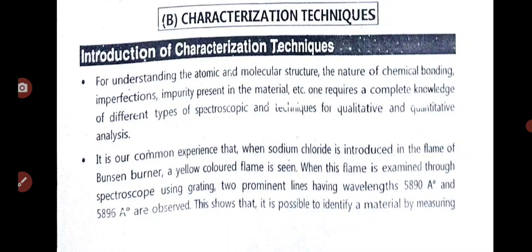So this is the qualitative analysis of emission spectroscopy, and by measuring the intensities of the spectral lines it is also possible to find the amount of the substance producing these lines. So this is the quantitative analysis of the structure.